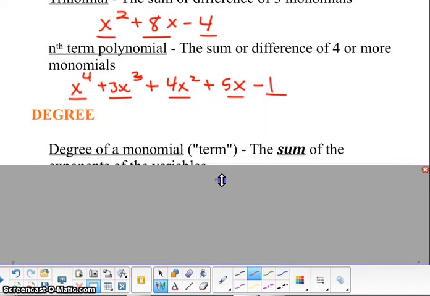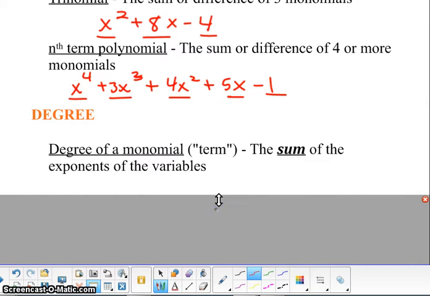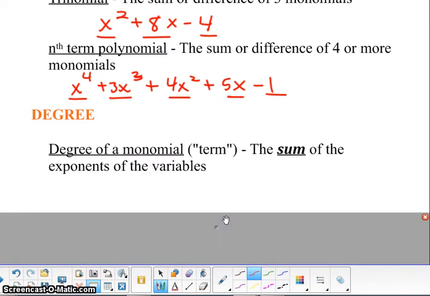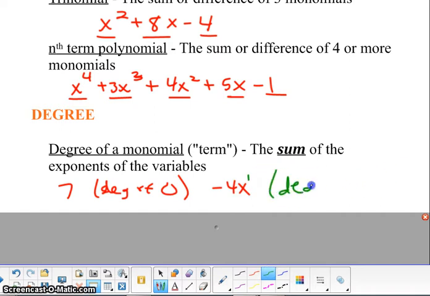A degree of a monomial is the sum of the exponents of the variables. So in this particular one, 7, if you look at where the exponents are, there are no exponents. So any number or any constant by itself is going to have a degree of 0. Okay, and then also negative 4x, since there is one variable and then there's the invisible 1 that you see here, that's going to have a degree of 1.